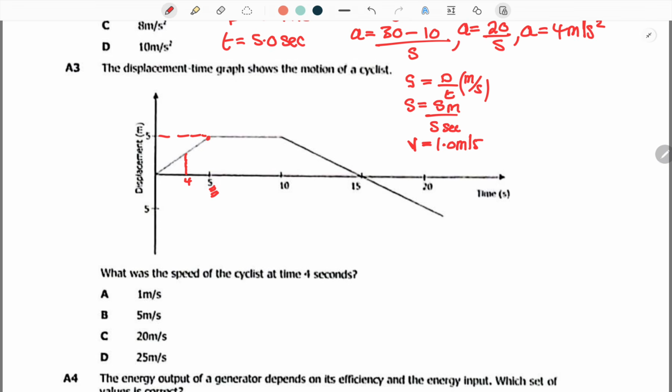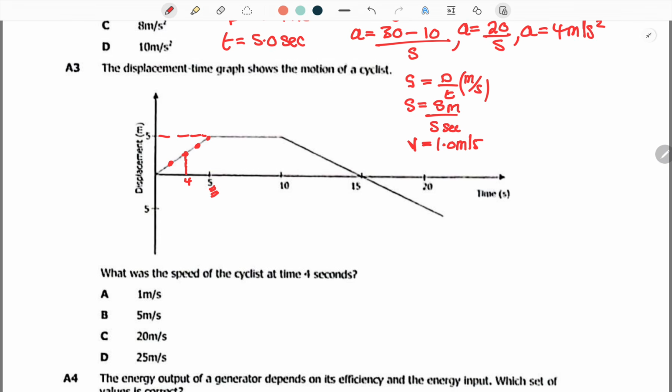Now, the speed at this particular point is also the speed at this point. Okay? At the same time, it is also the speed at this point. So the speed is going to remain constant. So whatever you're going to find at this particular point is going to be the answer.